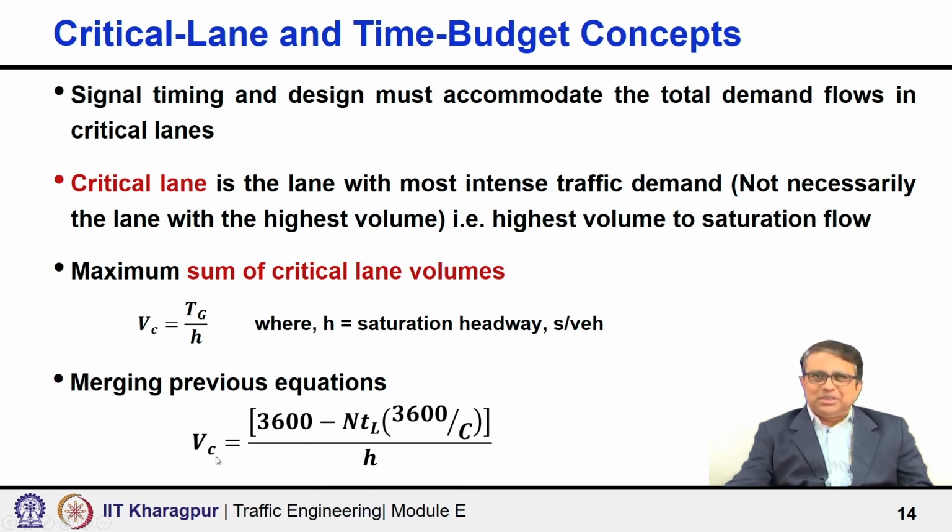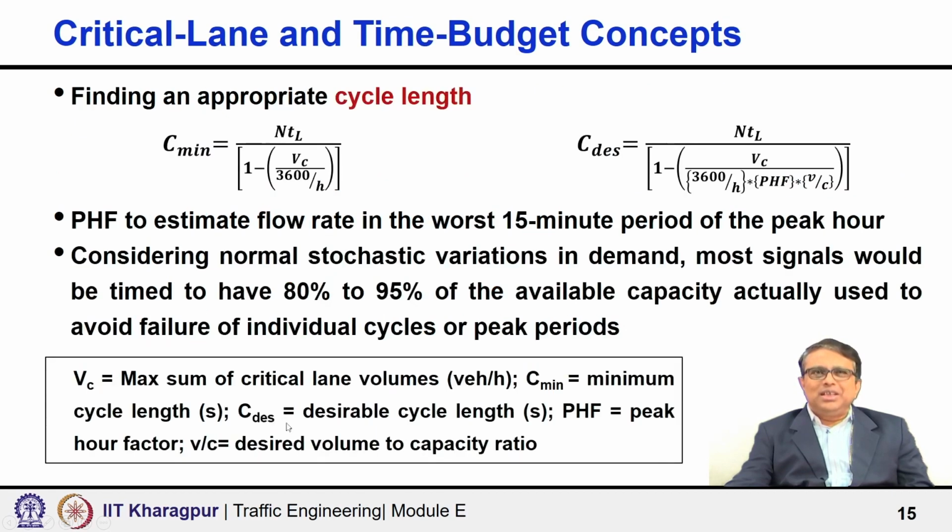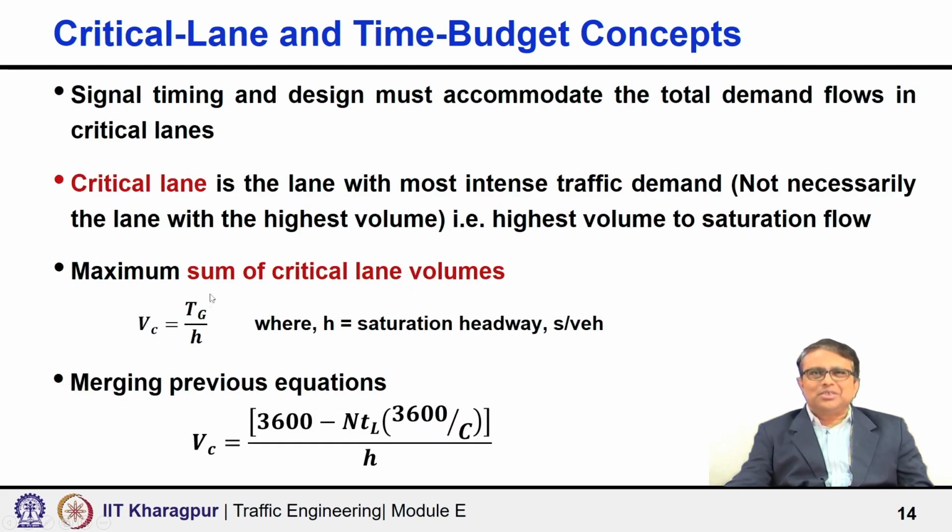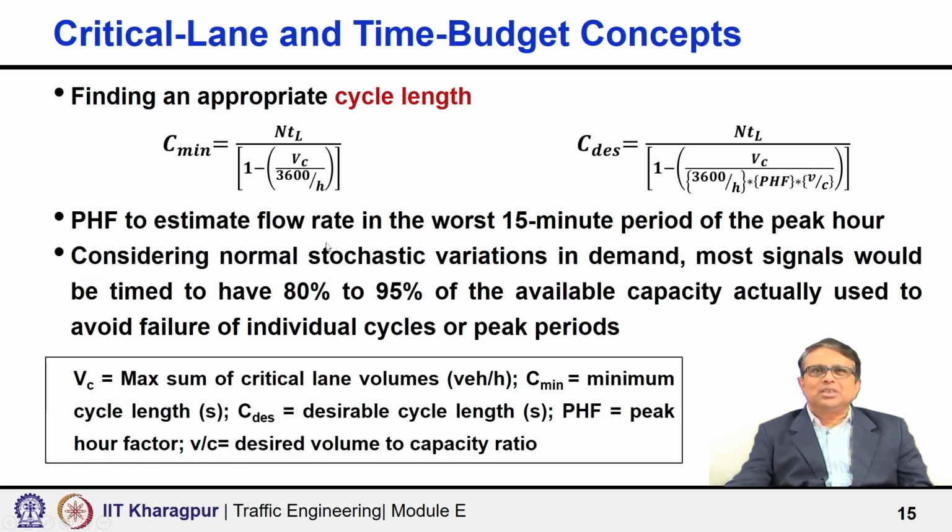So, if this is the critical volume, then what is the minimum cycle length? Just from this equation we can get C in terms of Vc, N, TL and H. That is exactly what I have done.